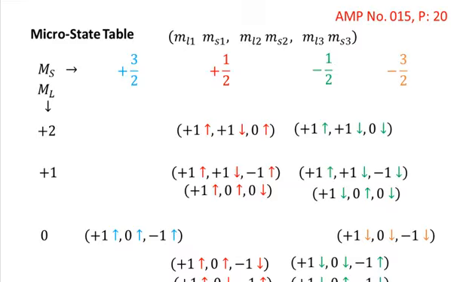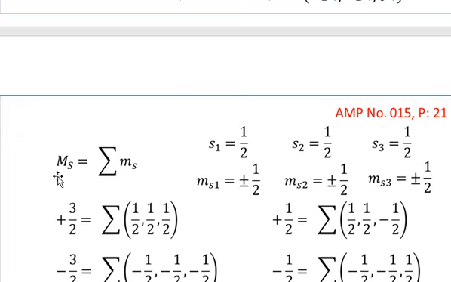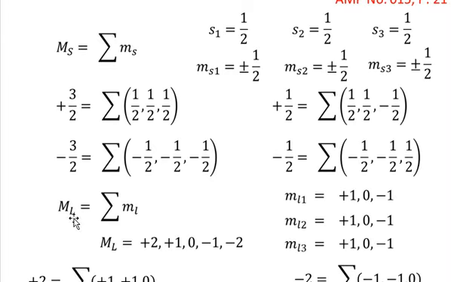Later, I shall show you that capital MS is actually the summation of all ms values, and capital ML is actually the summation of all ml values.